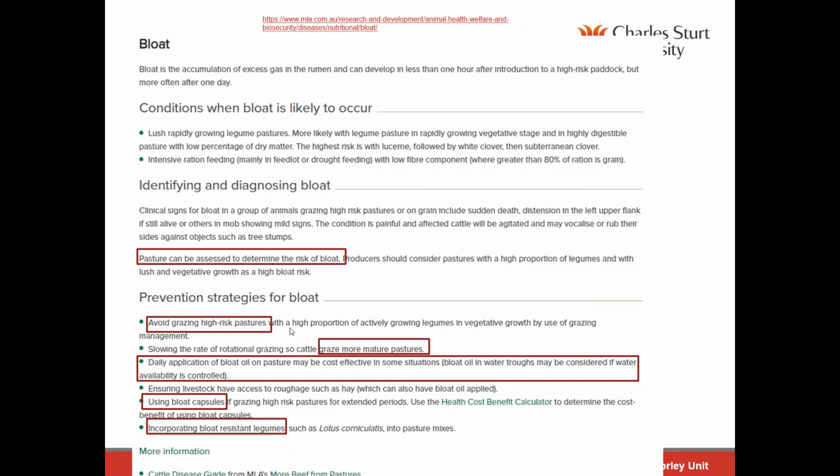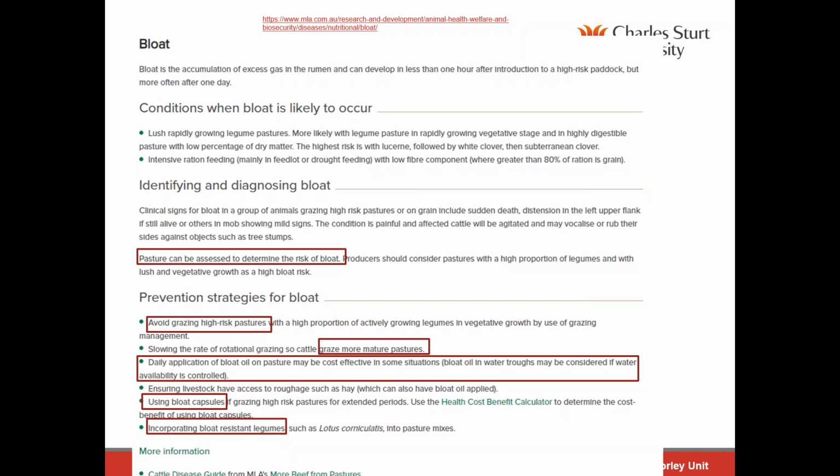So sure, you can make an assessment, but it's not as simple as it says. The strategies that are mentioned are to avoid grazing high risk pastures. Well, if all the pastures on your farm are high risk, that becomes pretty tricky. It says slow your rotation round and graze more mature pastures. That's easier said than done, and is going to take a fair while to implement.